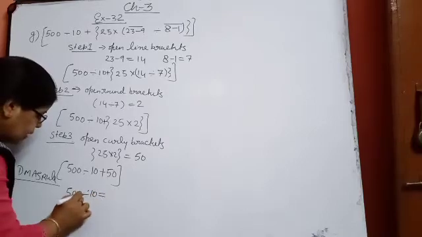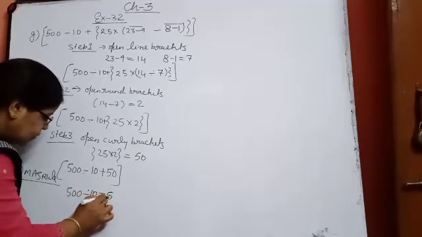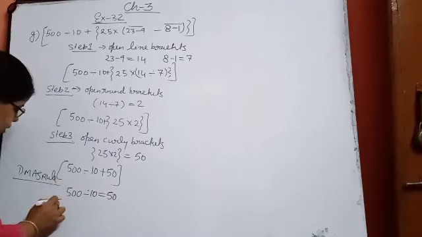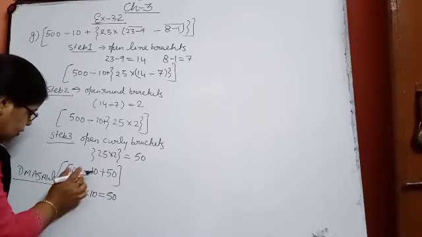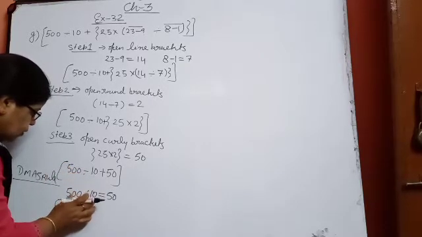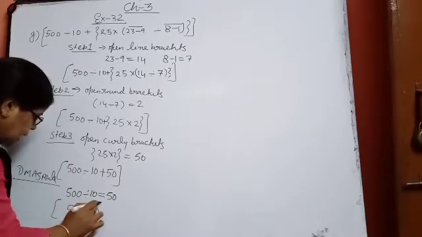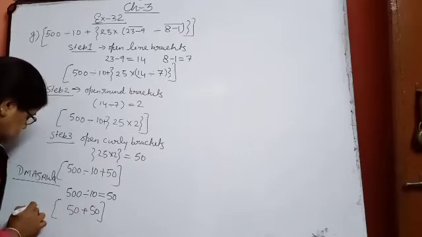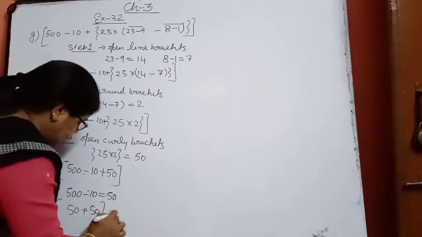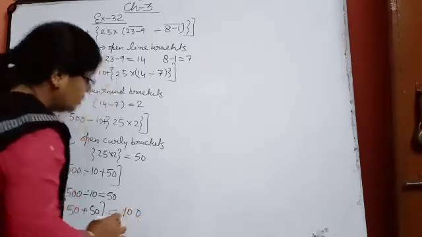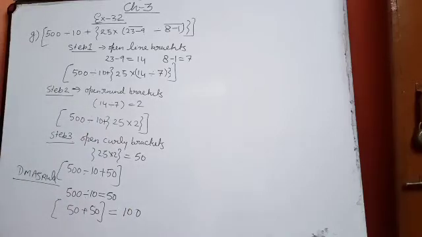What will it be? 10 fives are 50, 50 will be your answer. So after solving these two, what will you write? 50 plus 50. And now finally addition, and 50 plus 50 will be 100. In this way you will solve the question.